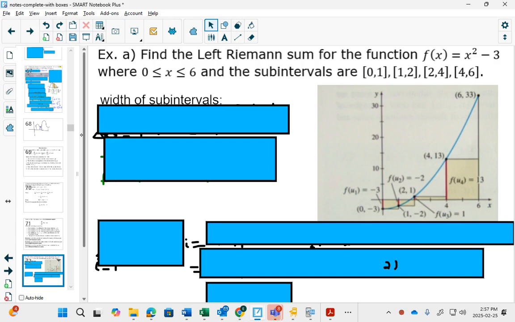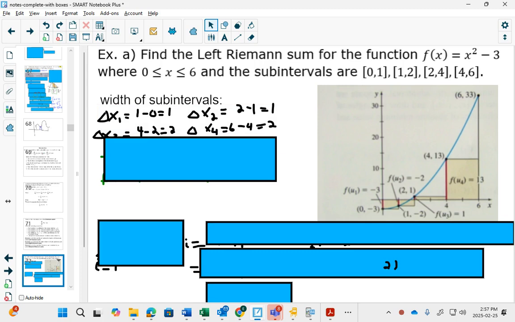So sometimes the width is 1, and sometimes the width is 2. Okay? And we want to find the left Riemann sum, which means that on every interval, we take the left point. So on the first interval, you take the left point. On the second interval, you take the left one, then the left one, then the left one.